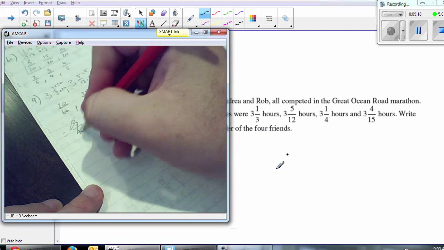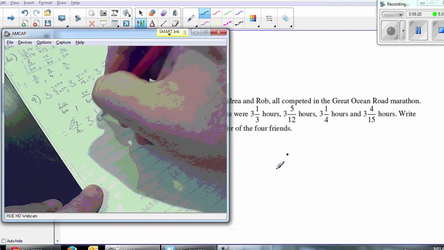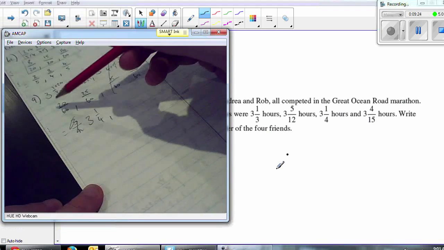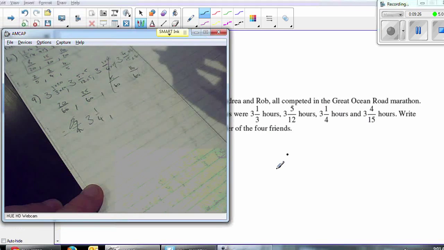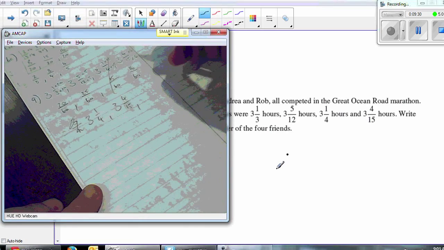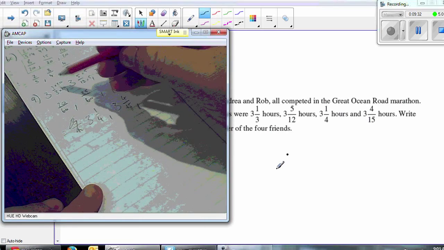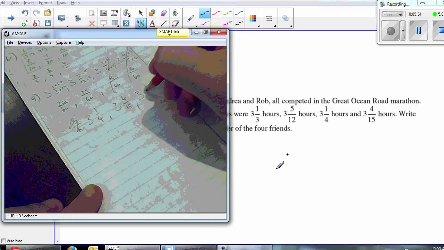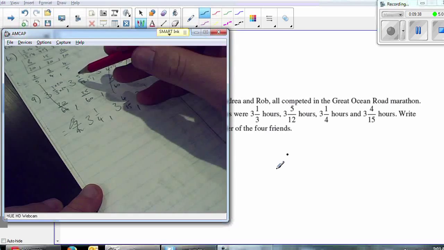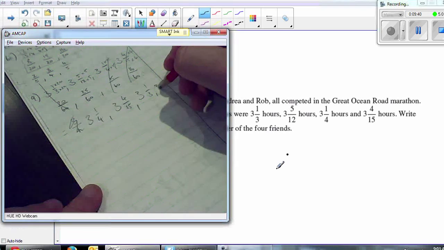The next one would be here, okay, 3 and 4/15. The next one's this one, 3 and 1/3. And the last one is 3 and 5/12.